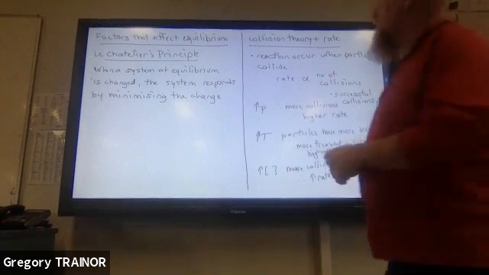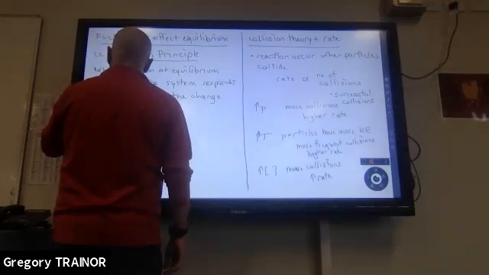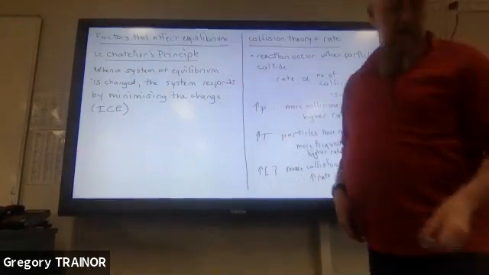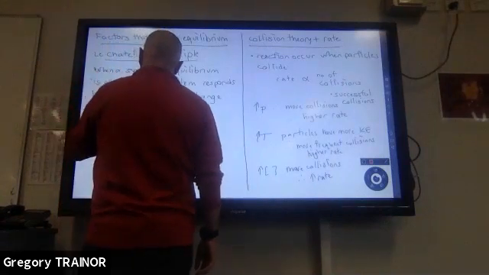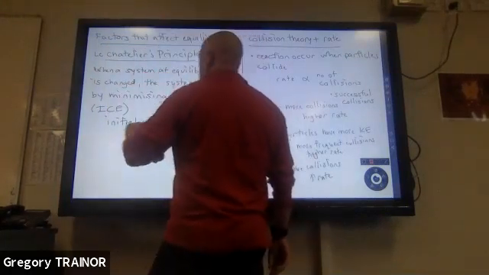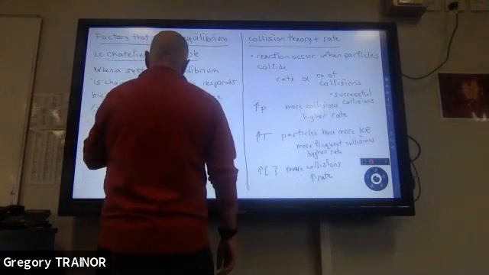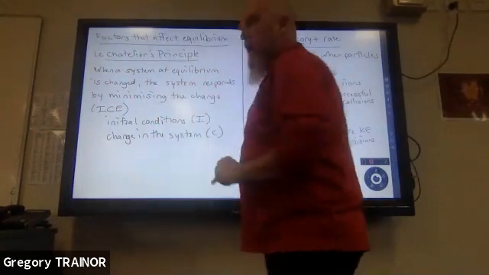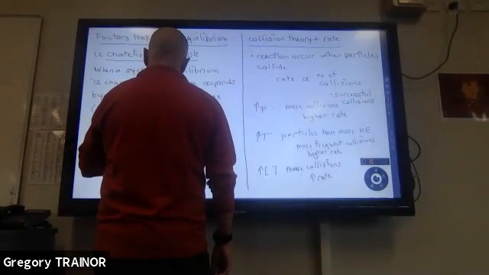All right, now, in order to solve Le Chatelier's principle, we use ICE tables, right? Where we identify the initial conditions, that's I. We identify the change in the system, that's C. And I also think that it's helpful if you identify the opposing change.